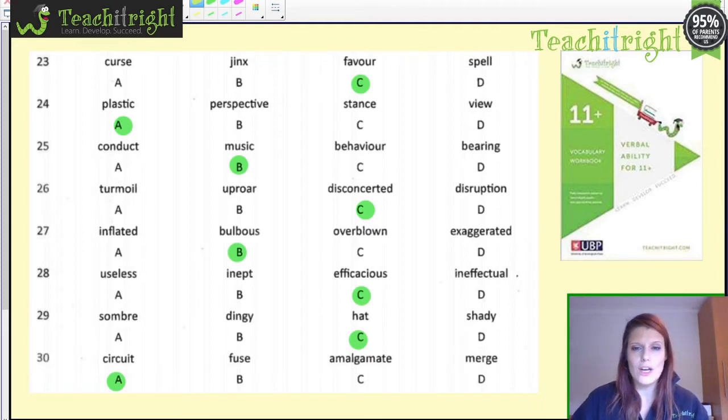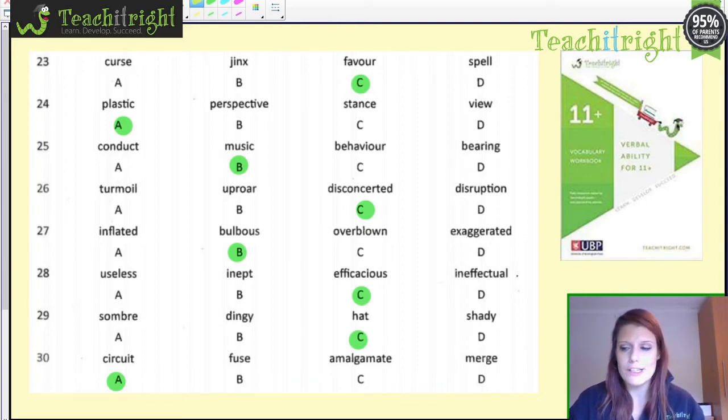They're not good at doing something. So ineffectual, inept, useless. They are all synonyms for the same thing.